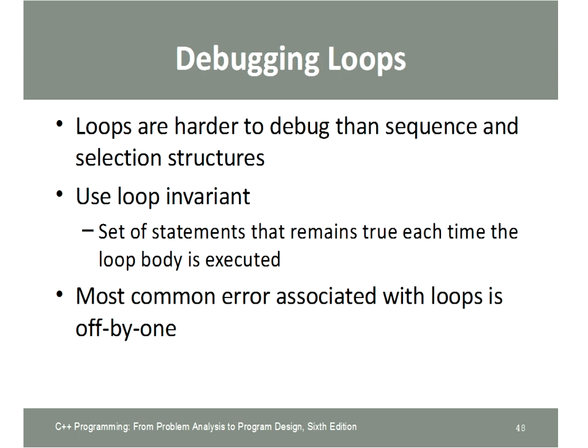Okay, so loops are harder to debug than sequence and selection structures. So use a loop invariant, a set of statements that remains true each time the loop body is executed. And the most common error associated with loops is the off-by-1 error.